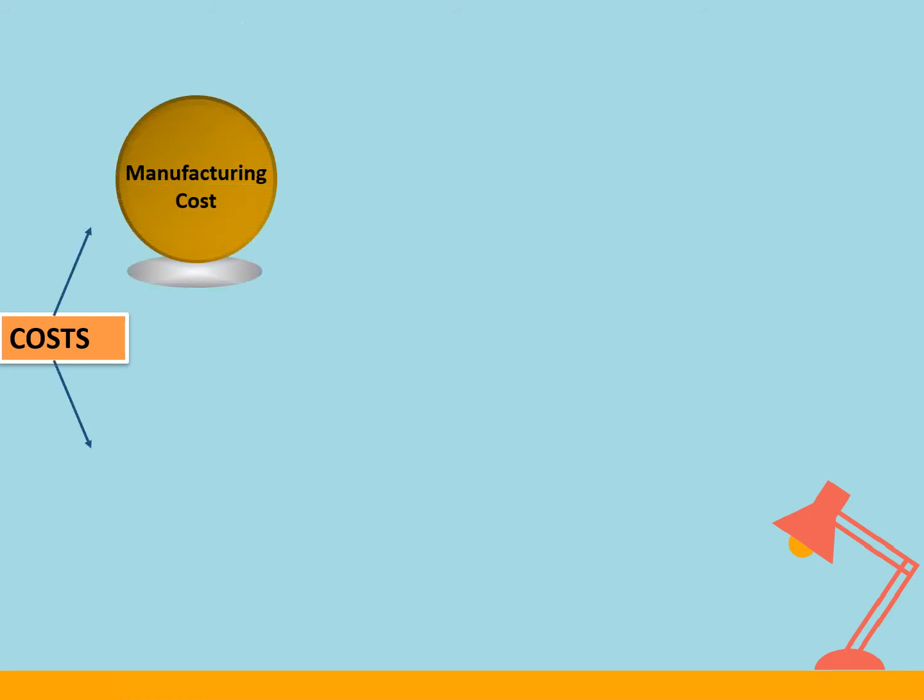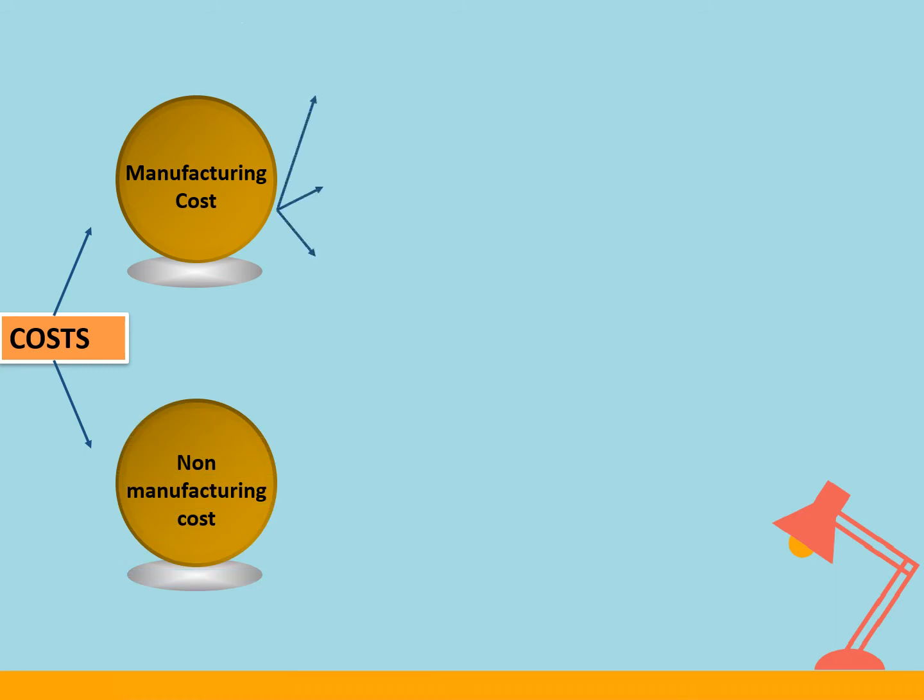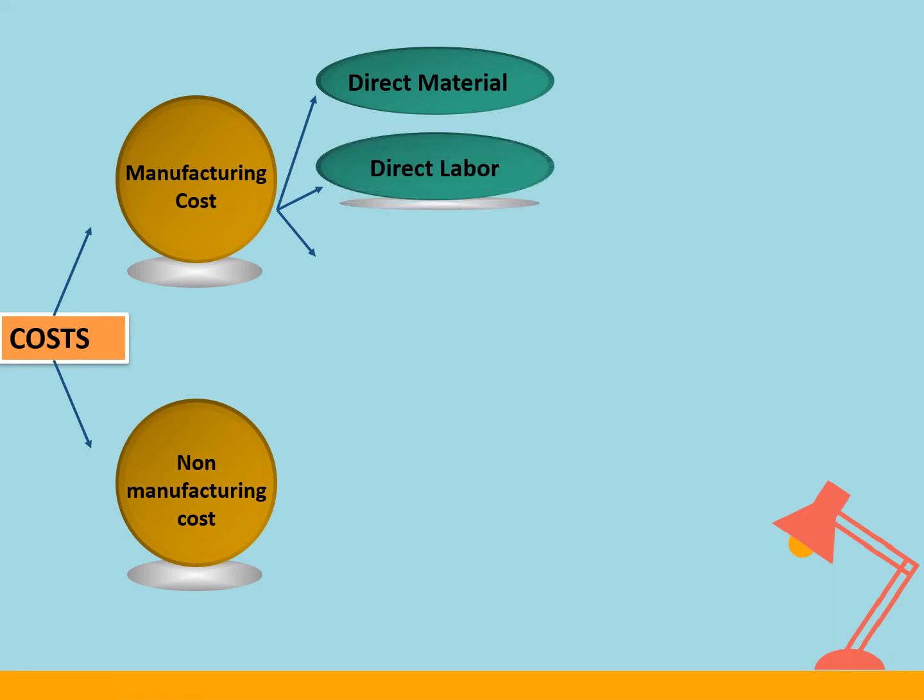In summary, costs can be divided into two: manufacturing costs and non-manufacturing costs. Manufacturing costs consist of 3 costs: direct material, direct labor, and manufacturing overhead.